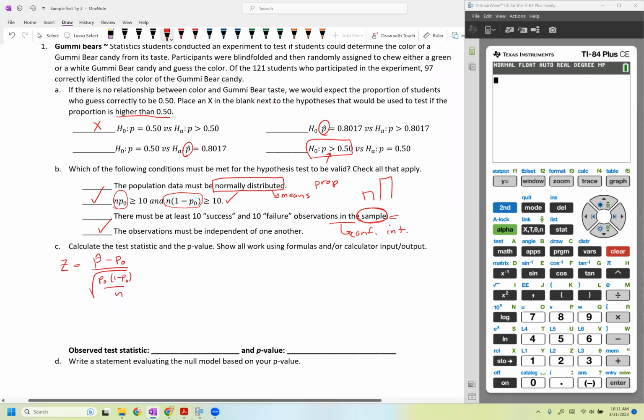all over n. Now, our p-hat is what we observed in our sample.